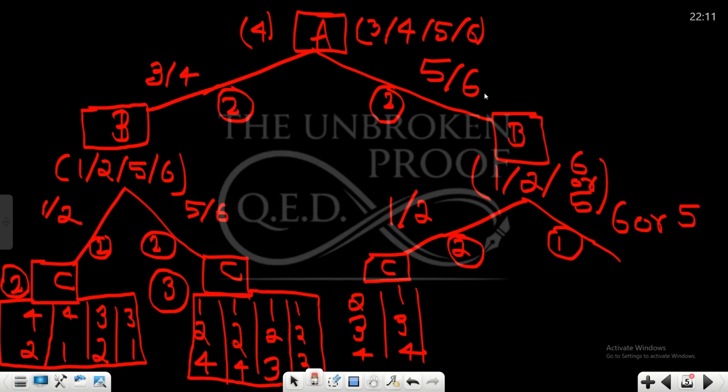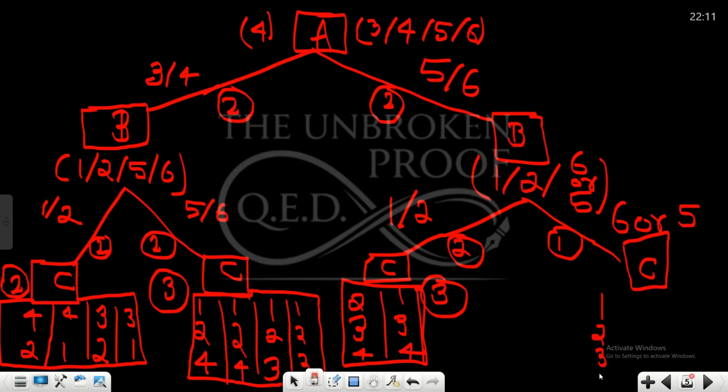And if A is 6, B is 2, then it's going to be same 1, 3, 4. So this is also clear that C will have 3 possible choices. Okay, and when I look at the second case, if A is 5, B will be 6, then C can be 1, 2, 3, 4. And if A is 6, B will be 5, then also it is going to be 1, 2, 3, 4. So 4 choices are possible.